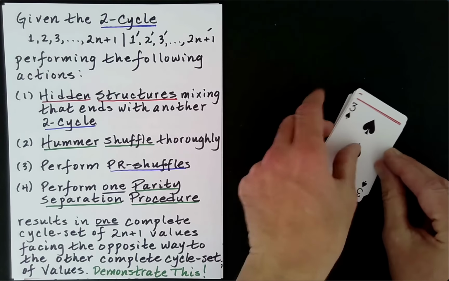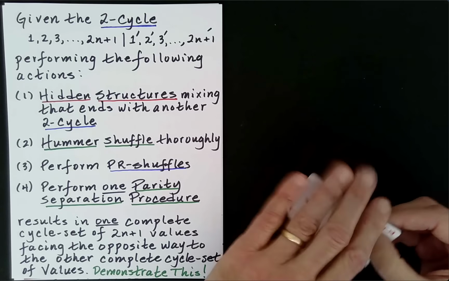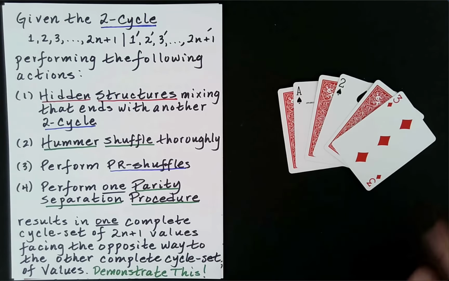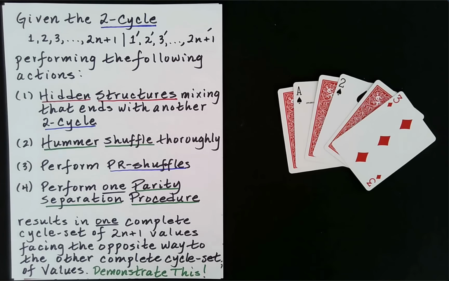We can't guarantee that. But depending on how you structure the packet, you can take advantage of the fact that you know that this kind of structure will result after all of this mixing and all of these random choices made by the spectator. That's the important thing.